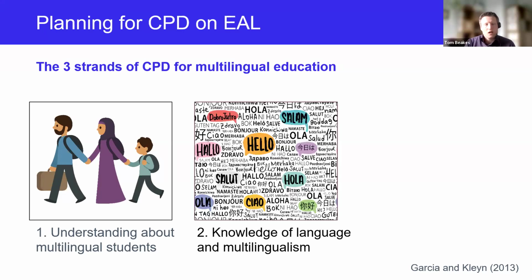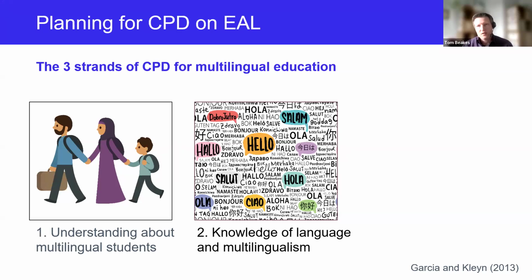The second strand is knowledge of language and multilingualism. So what we mean really is having a basic understanding of how children acquire language, how long it can take, what types of language might be difficult, the importance of maintaining home language abilities and literacy, and the positive effects that can have on English acquisition.